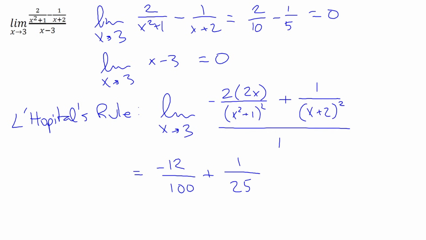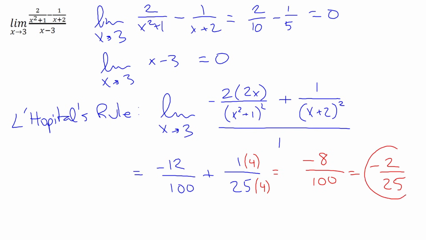So if we get a common denominator here, that's going to be 100, right? So we'll just multiply by 4 over 4. Negative 12 plus 4 is negative 8 over 100. We can, of course, divide those both by 4 to get negative 2 over 25. Or you could have just reduced the negative 12 over 100 right into negative 3/25 and then added that way.